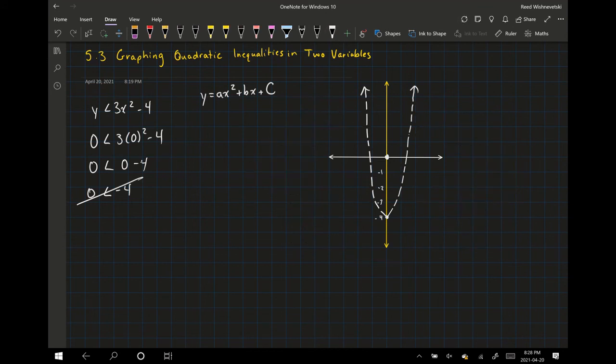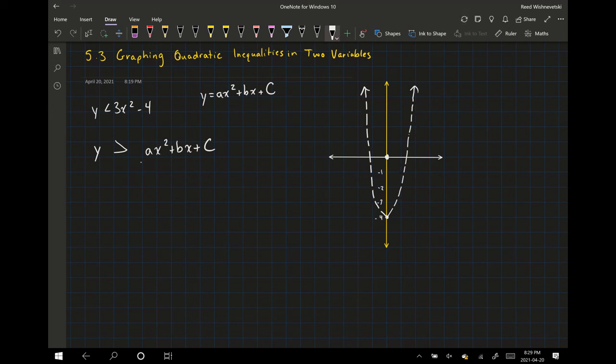Okay, now the easier way to do this is we can just look at our original inequality. If we can get our inequality to be y, then the inequality sign, and then ax squared plus bx plus c, whatever this inequality is going to actually show us where our solution set is. So if we were to say put greater than, that means that our solution set is going to be above our parabola.